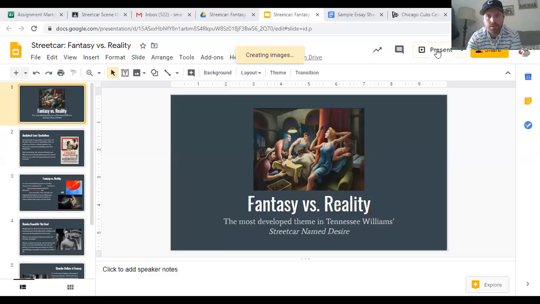So I'm just going to pick one of the themes, which I think is the most prevalent, and that is the theme of fiction versus reality, and walk you through a PowerPoint that I've put together that outlines the symbolic value of those two ideas as they conflict throughout the play's script. So I'm going to share my screen and walk you through this.